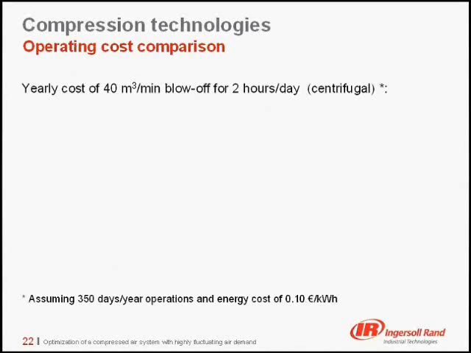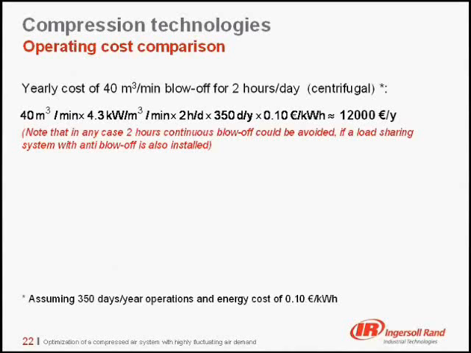first, to evaluate the cost of blowing off 40 cubic meter per minute for 2 hours per day. And this can be easily done using this formula. So the yearly cost of this wasted air is in the worst case 12,000 euro per year. I say worst case because in reality the customer said that not all the days, not all the mornings they had to change the production lines.